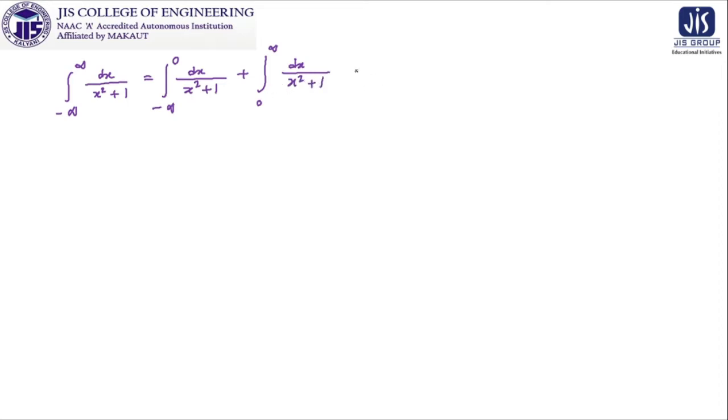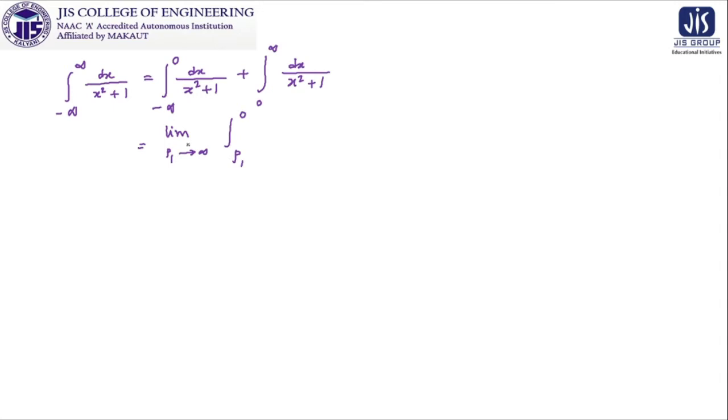Now the next line we can write as limit p1 tends to infinity... but if I write p1 tends to infinity, then I have to write minus p1 over here. I don't want to write minus p1.